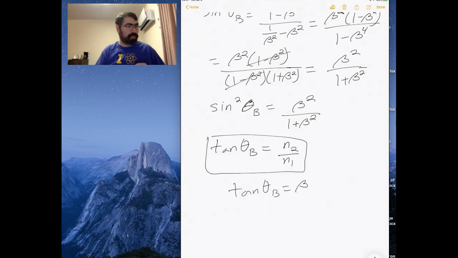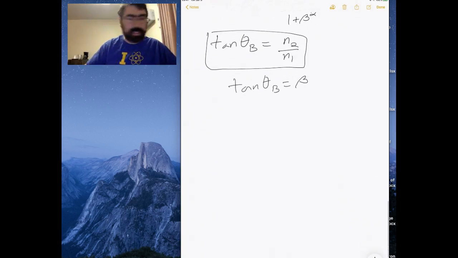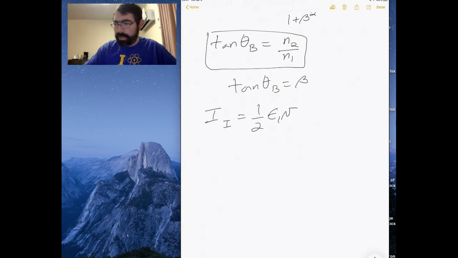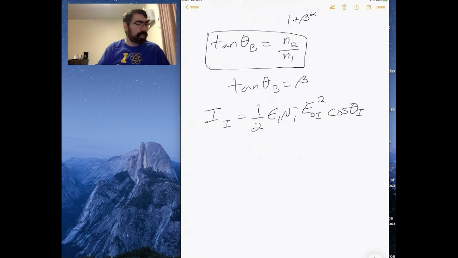So if you now consider the intensities, the intensity of the incident wave, so I sub I, is 1/2 epsilon 1, the speed v1, the amplitude of the electric field squared, times the cosine of the angle, because we basically have the Poynting vector dotted into the z direction.